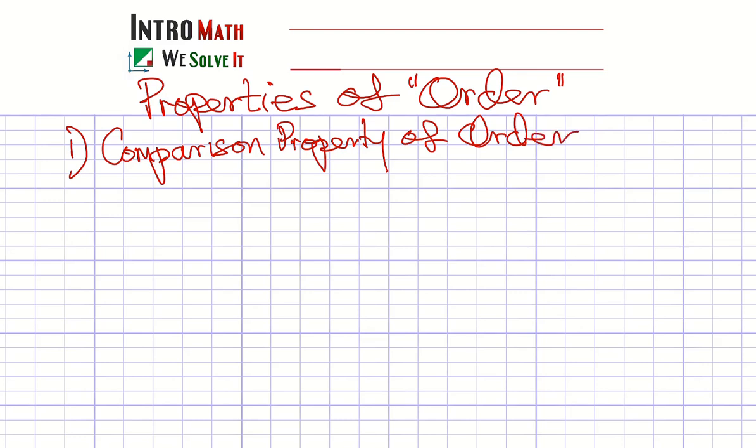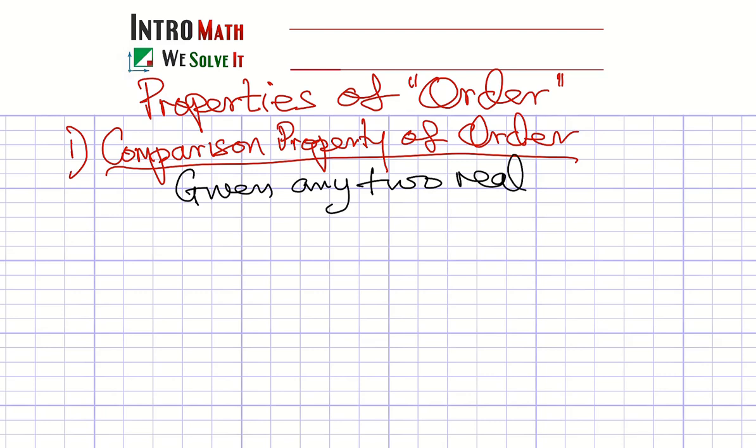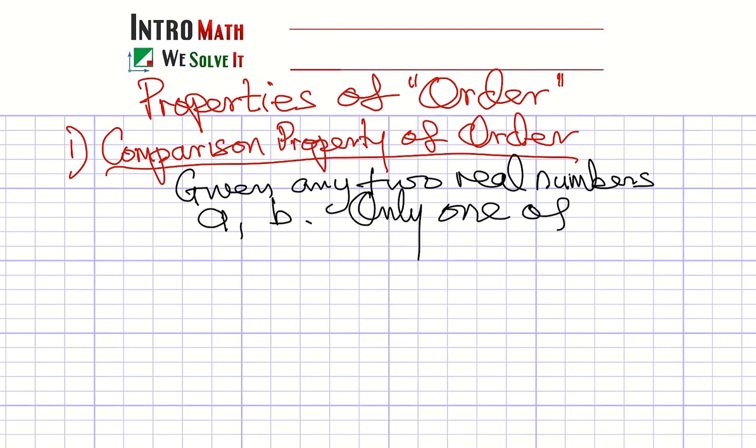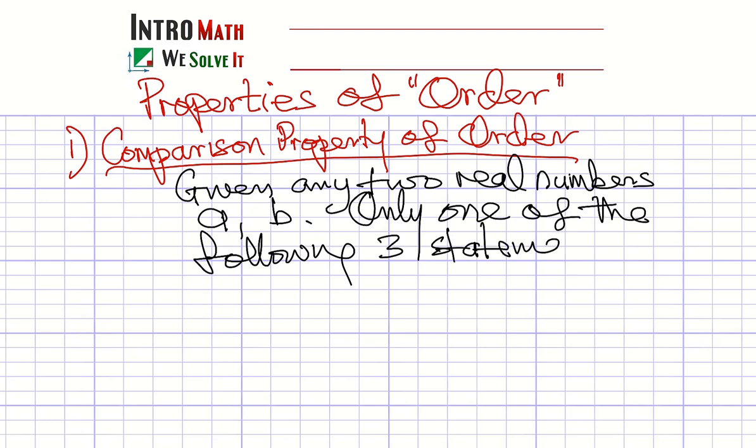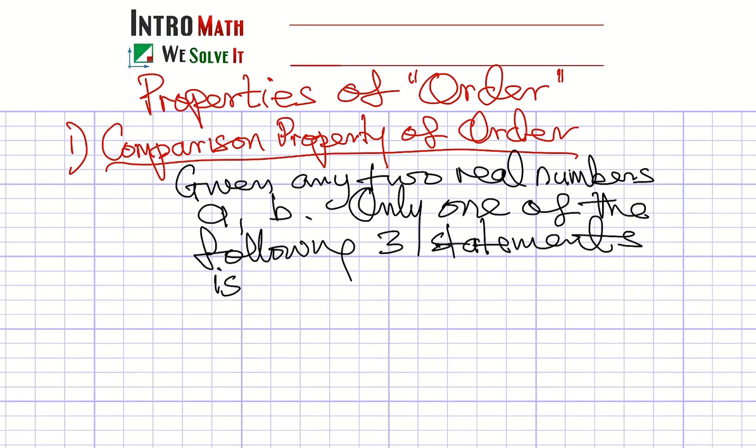Okay, so what this comparison property is saying is, let's say you are given any two real numbers, A and B. Then it says only one of the following three statements is true.